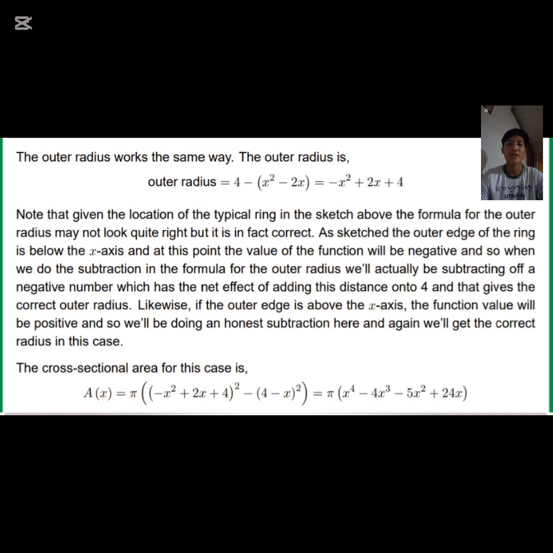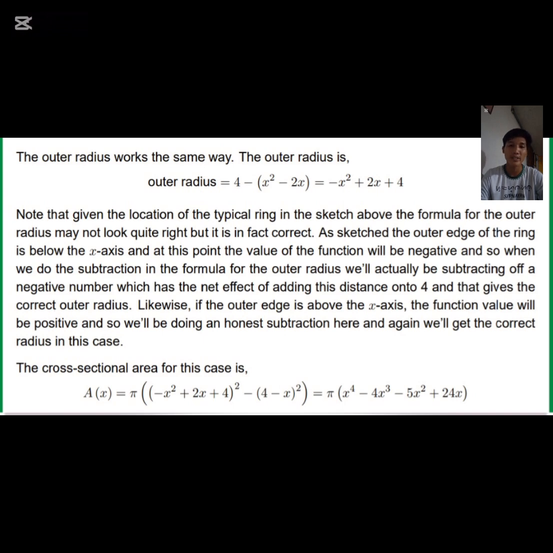As sketched, the outer edge of the ring is below the x-axis, and at this point the value of the function will be negative, and so when we do the subtraction in the formula for the outer radius, we'll actually be subtracting off a negative number, which has the net effect of adding this distance onto 4, and that gives the correct outer radius.